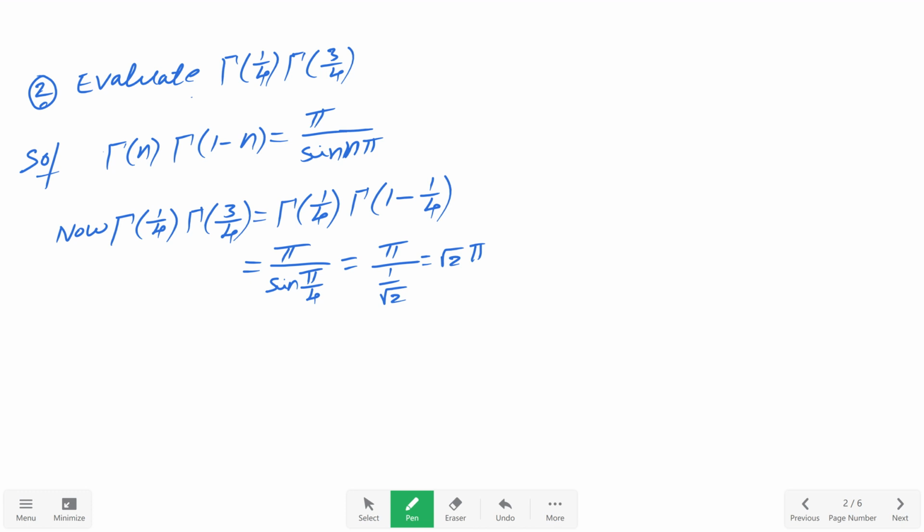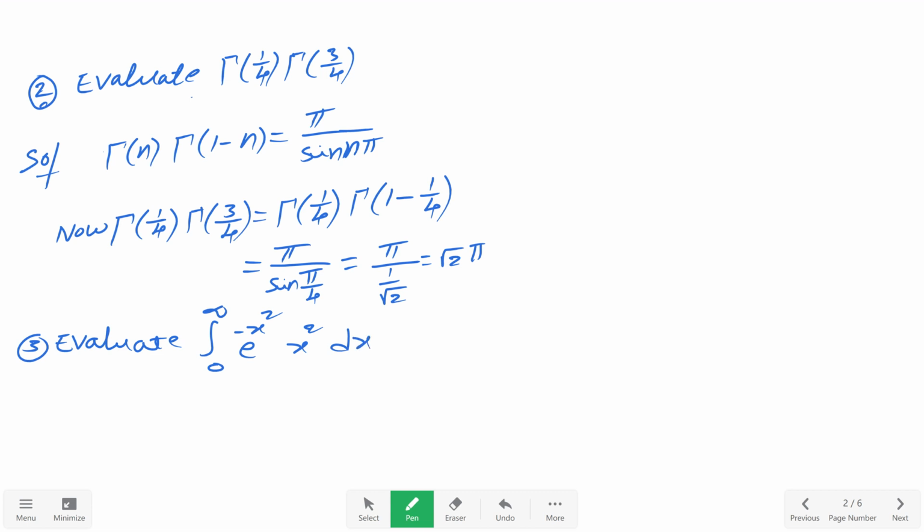Now the third problem is: evaluate integral 0 to infinity e power minus x square into x square into dx.